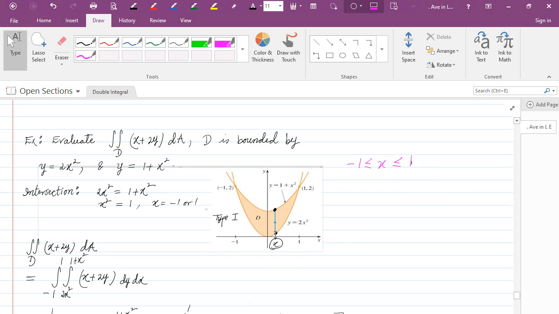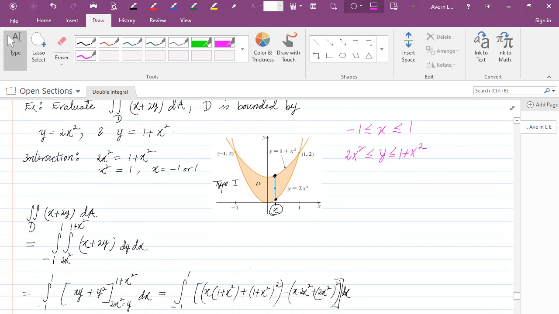And notice that along the vertical segment, y goes from 2x squared to 1 plus x squared. So this is a type 1 region.